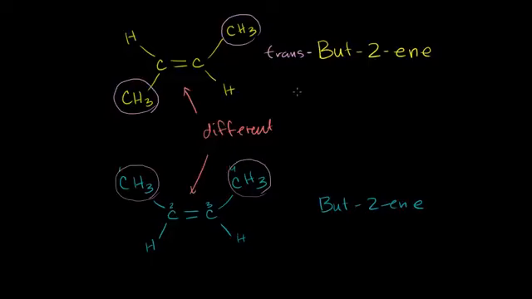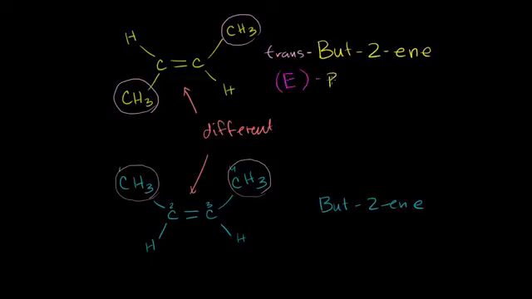The other convention to use comes from the German for apart, and there we call it Entgegen. And instead of writing out Entgegen, we write E in parentheses. So we would call them, let me do this in a different color since this molecule down here is blue, E-butene. These mean the same thing.